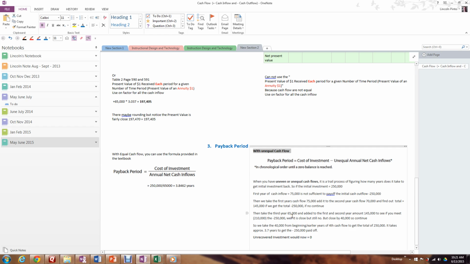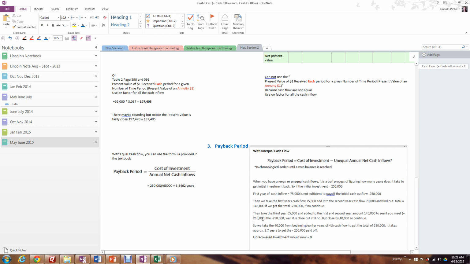Therefore, we go to the third year, and the third year the cash inflow was $65,000. We take the $65,000 and add it to the $145,000, which is the cash flow of the first year plus the second year. That comes up to 210. It's actually a positive 210, right?